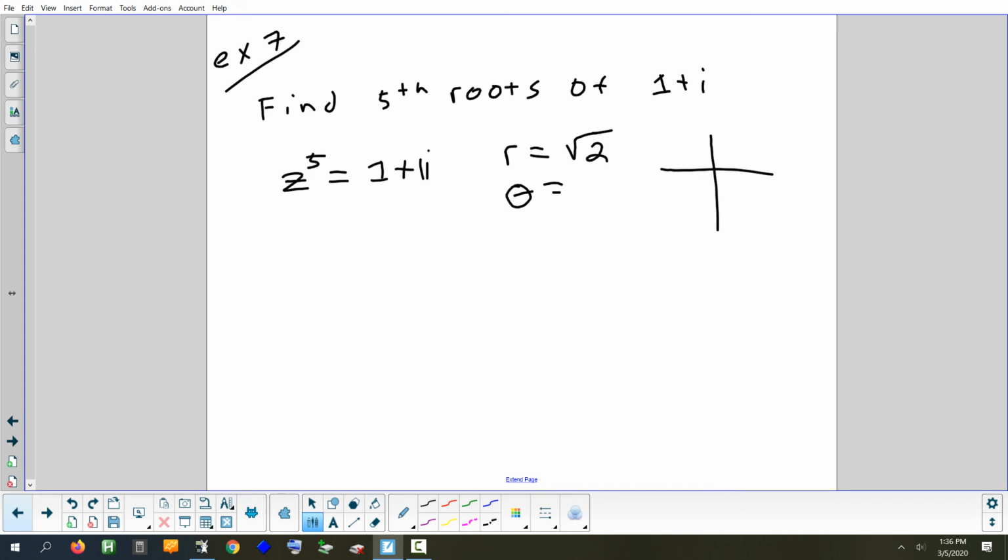If that's in the first quadrant, then it's going to be inverse tangent of b over a. It's the inverse tangent of 1, which is how much? 45.